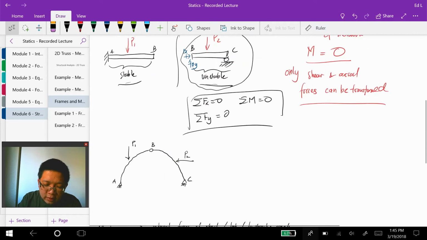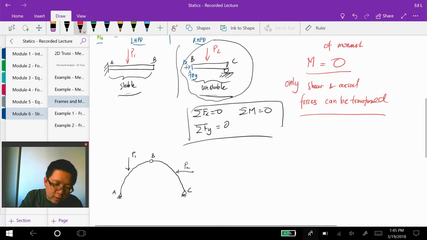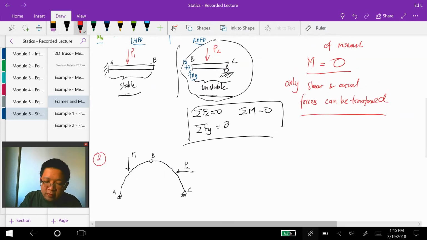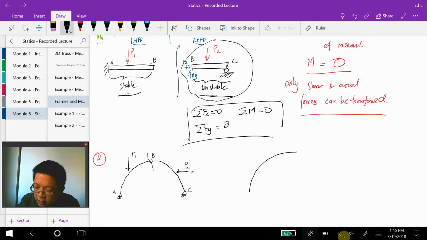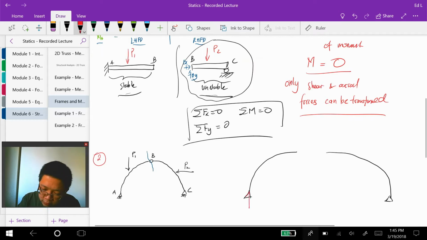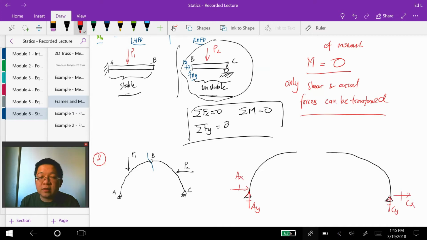And the second type of composite structure is a little bit different from the first type. Right now, if I try to separate the members where this is pin connected at B, I have this arc, and at A is a pin support, so I have AY and AX, and at C is also a pin support, so I have CY and CX.